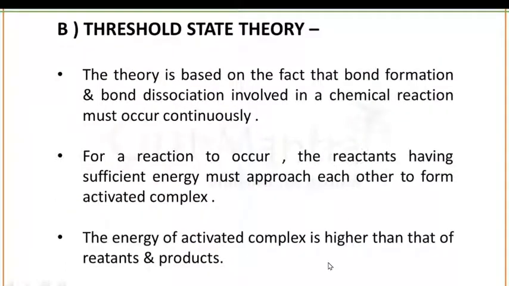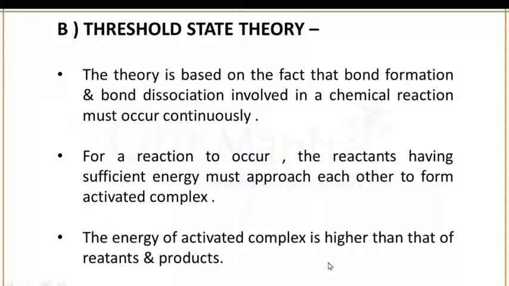The second theory is the threshold state theory. The theory is based on the fact that bond formation and bond dissociation involved in a chemical reaction must occur simultaneously or continuously. For a reaction to occur, the reactants having sufficient energy must approach each other to form an activated complex.